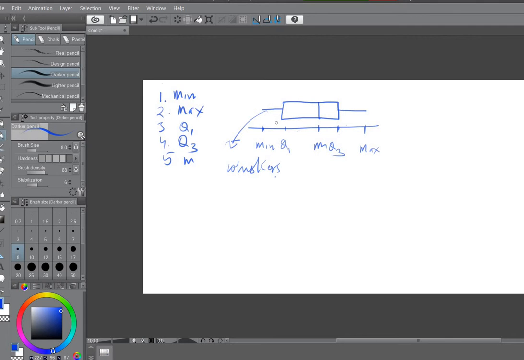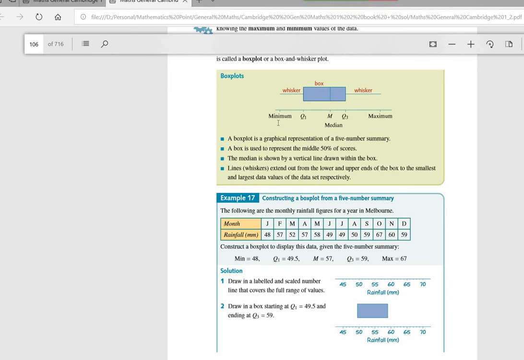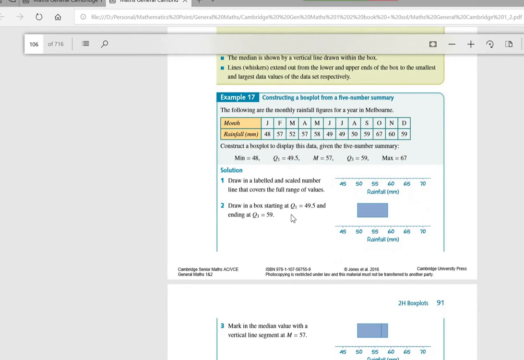Now, if you go to your book, again page number 90, see example number 17. It says that you've got some monthly rainfall figures for Melbourne from January to December.